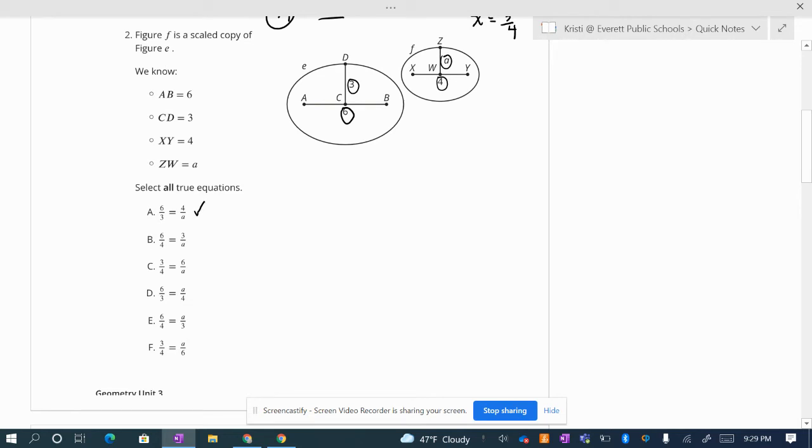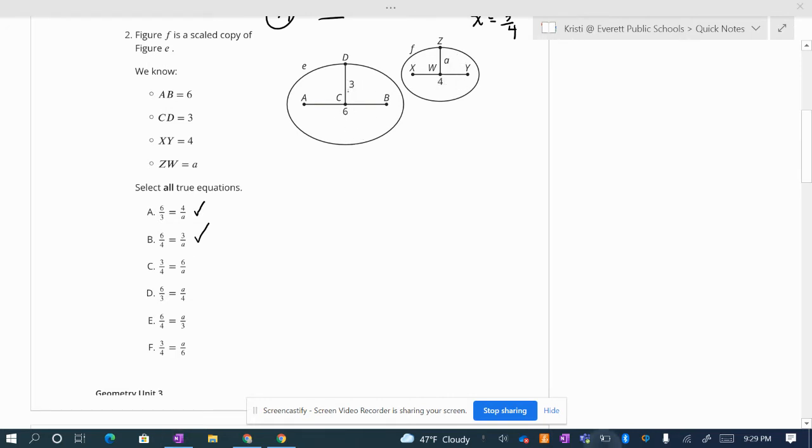Okay, let's try the next one. Next one is saying 6 relates to 4, so they're taking the horizontal segments. 6 will relate to 4 the same way 3 relates to A. Okay, that also makes sense. Let's try another one.